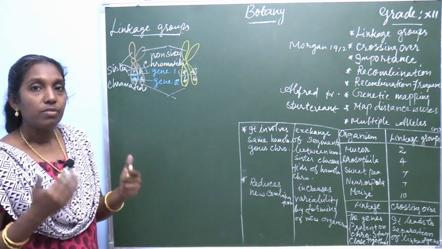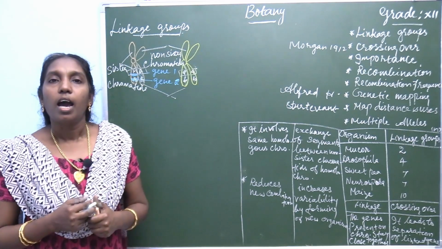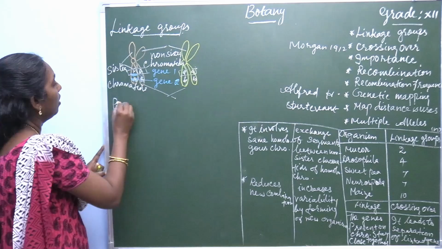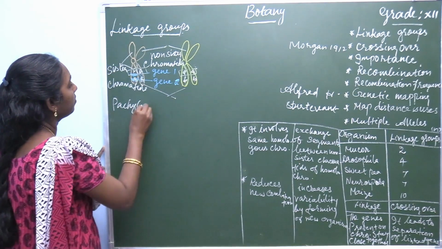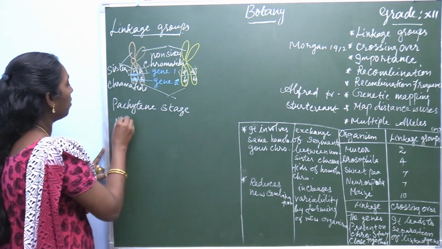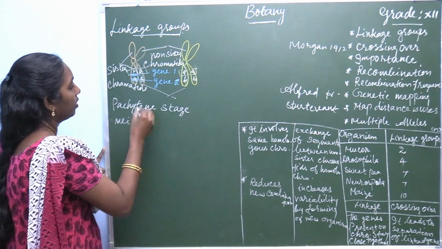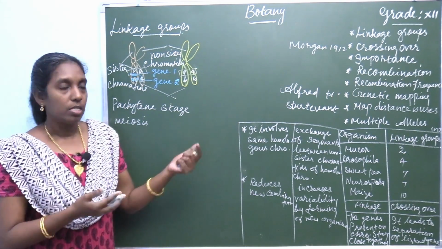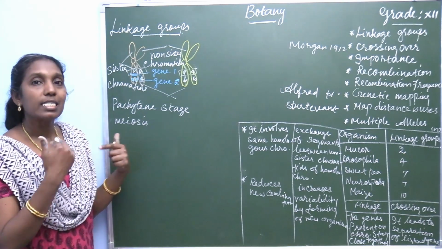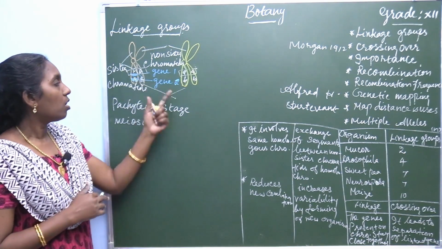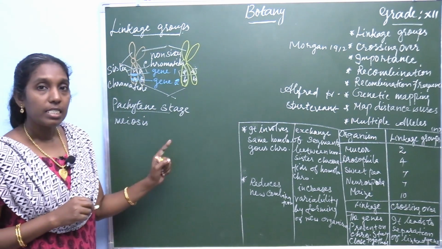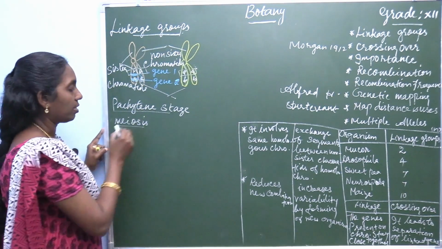Crossing over takes place at the Pachytene stage of meiosis. Before studying the mechanism of crossing over, let's see what the stages in meiosis are, because crossing over occurs at the Pachytene stage of meiosis.